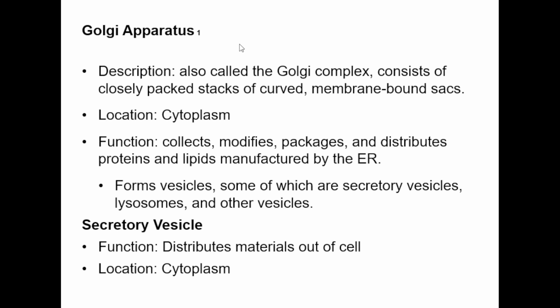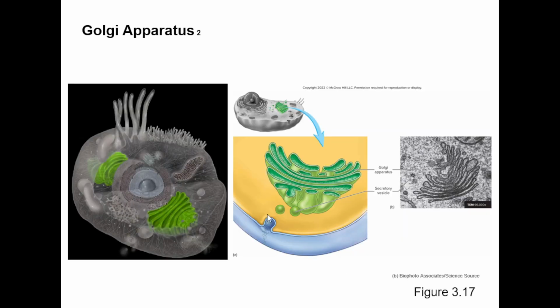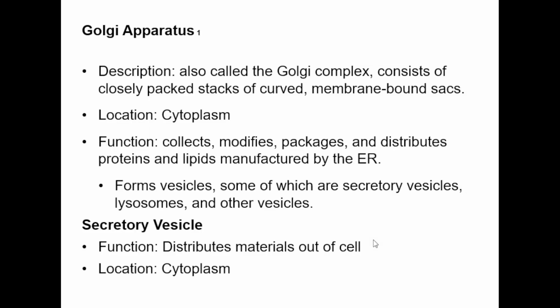So your Golgi apparatus is found on the cytoplasm. And let's take a look first. Ayan. So commonly, after siya ng rough and smooth endoplasmic reticulum, you'll find this flat, curved, membranous sacs like that, no? And what's their function? They collect, they modify, they package, and distribute the proteins and lipids that were synthesized at your endoplasmic reticulum.